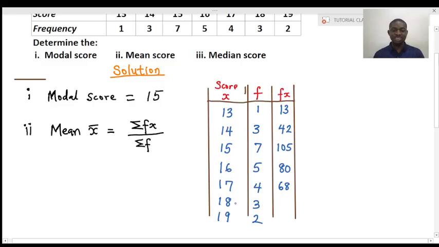Then 18 multiplied by 3 gives us 54. And lastly, 19 multiplied by 2 gives us 38.